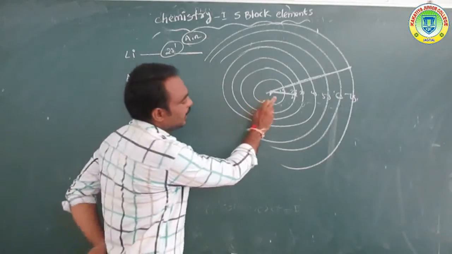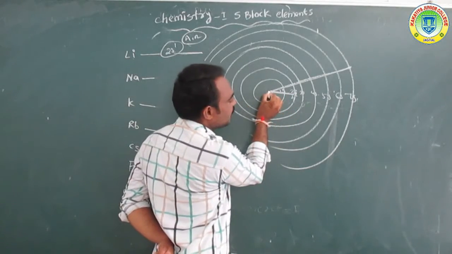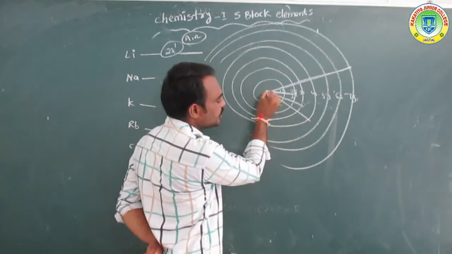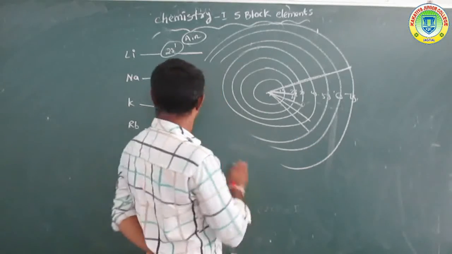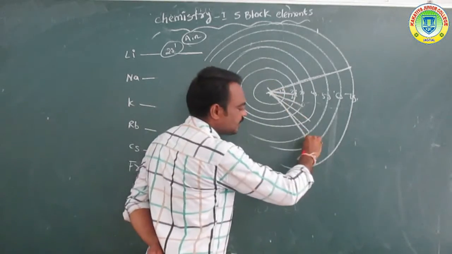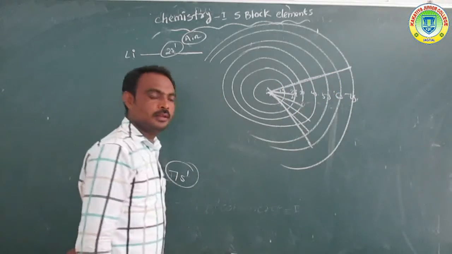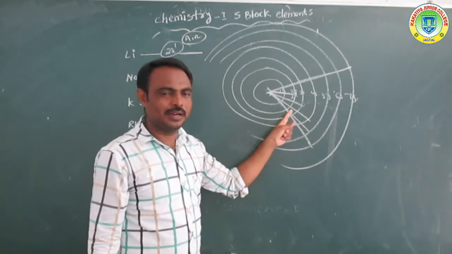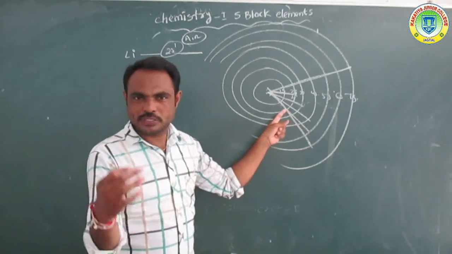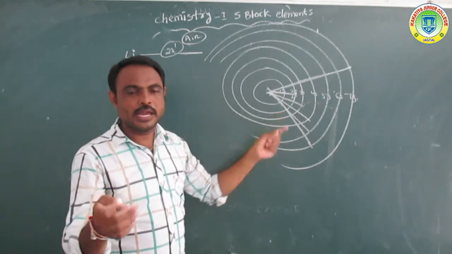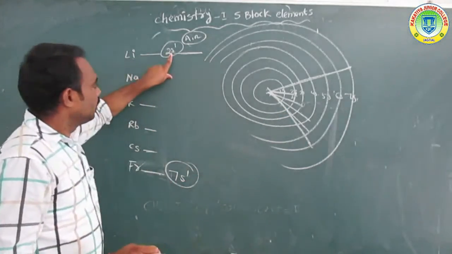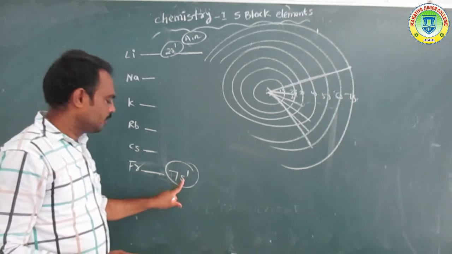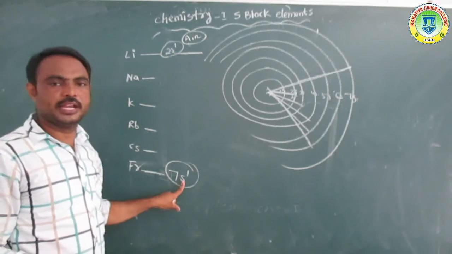So suppose it is lithium, next further 3s1 sodium, 4s1 potassium, 5s1 rubidium, next 6s1 cesium, 7s1 francium. So for each element, atomic radius continuously increases. What is the concept here? Lithium contains very low atomic radius value, francium very high atomic radius value.